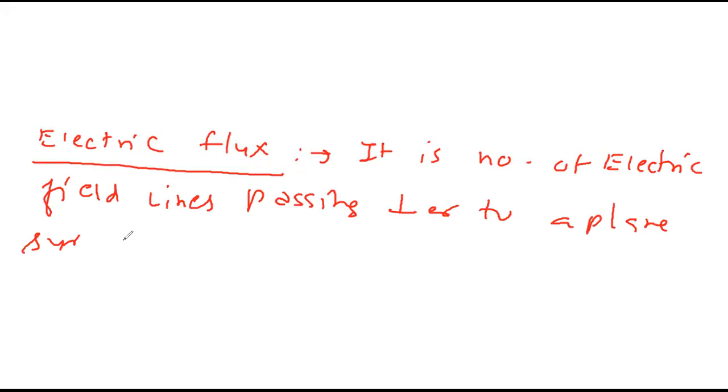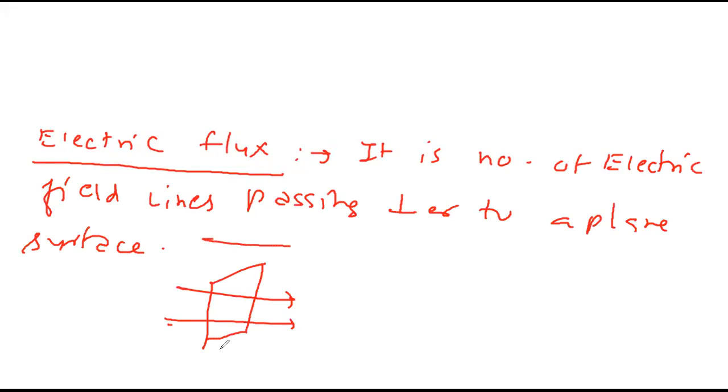Like if this is a plane surface and we are having one line, two line, three line, four line, so can I say the flux due to electric field is only two, because the rest two are not passing through this surface. Okay.